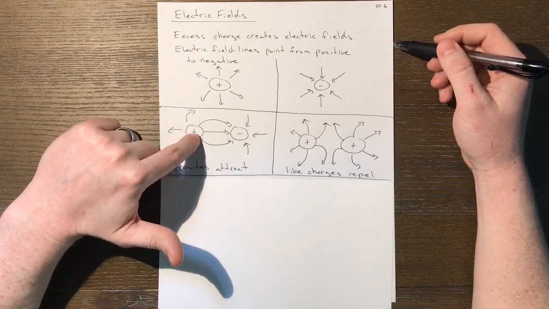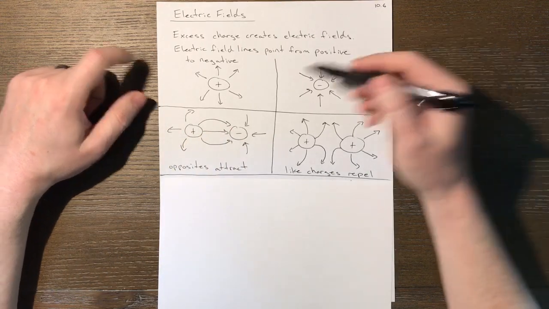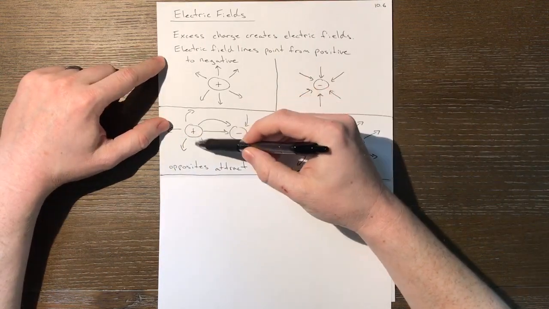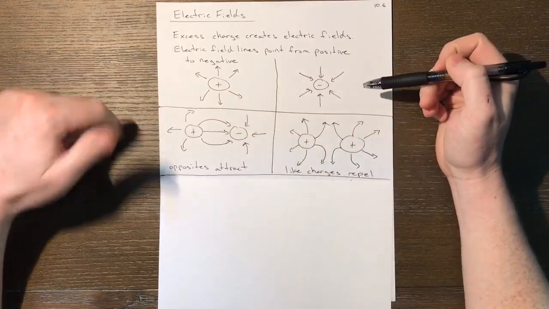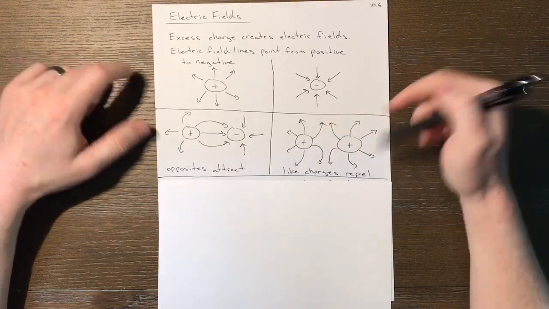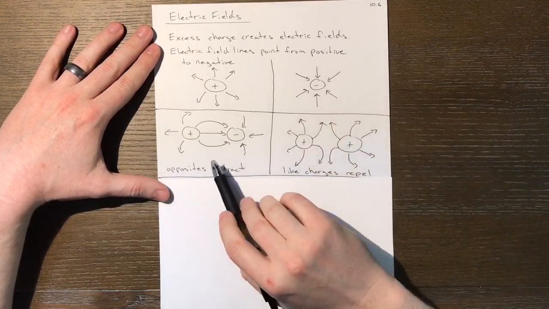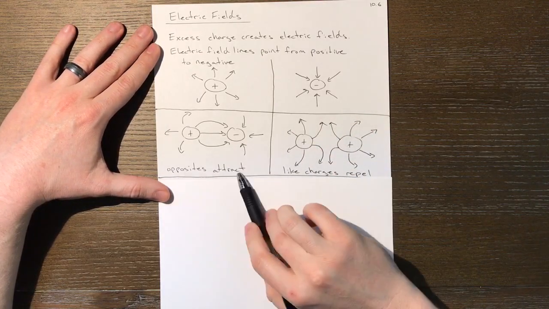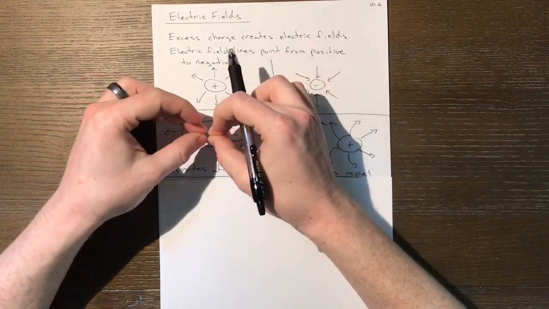So the field lines go straight from the positive to the negative along that line, or they might curve and bend towards the negative charge. And on this opposite side, they go straight away from the positive charge, straight towards the negative charge. We can see the way that opposites attract in the field line patterns themselves. It's almost like these things are being pulled together.